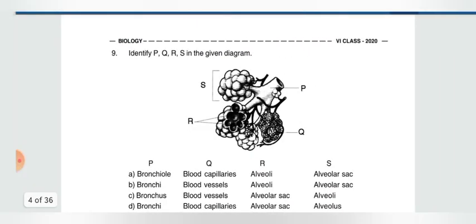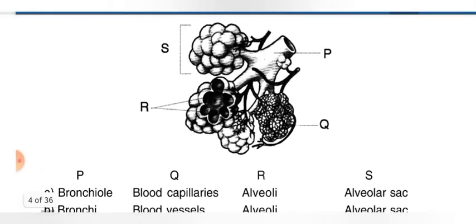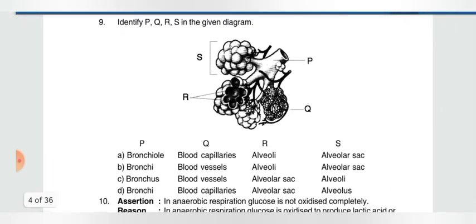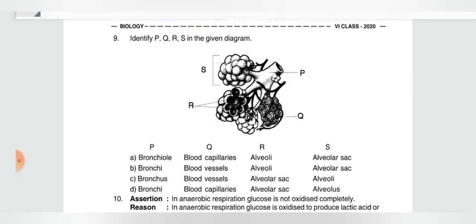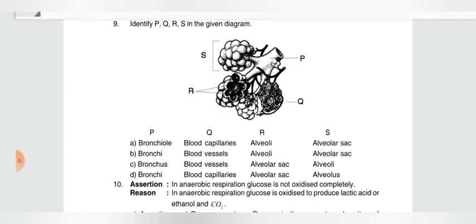P is the bronchiole. S is the alveolar sac, R is alveoli, Q is the blood capillaries, P is the bronchiole. So the answer is Q is blood capillaries, R is alveoli, S is alveolar sac, which is option A.